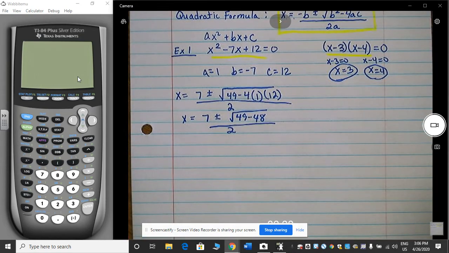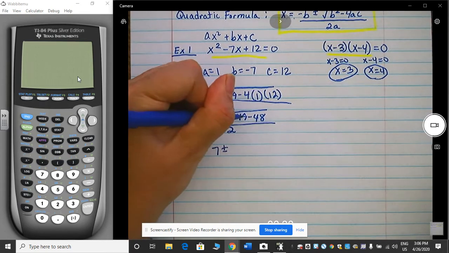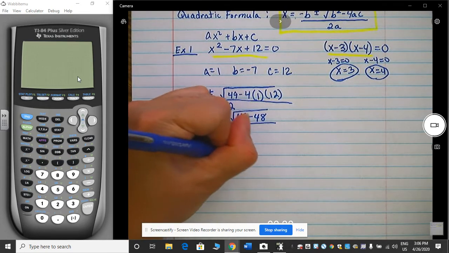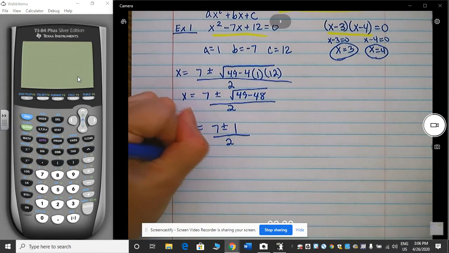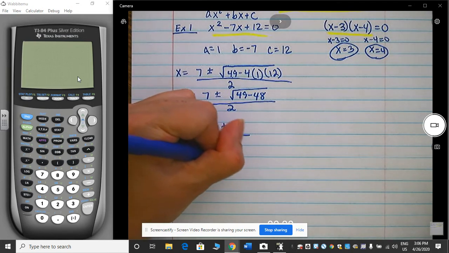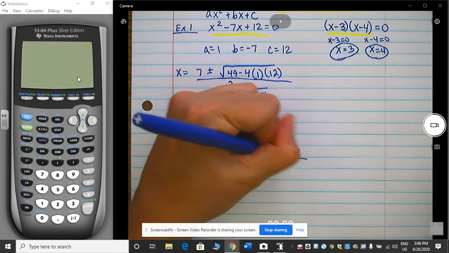Taking that a step further, x is equal to 7 plus or minus the square root of 1, which is 1, all over 2. And then write your two cases out. It's either 7 plus 1 over 2 or 7 minus 1 over 2.